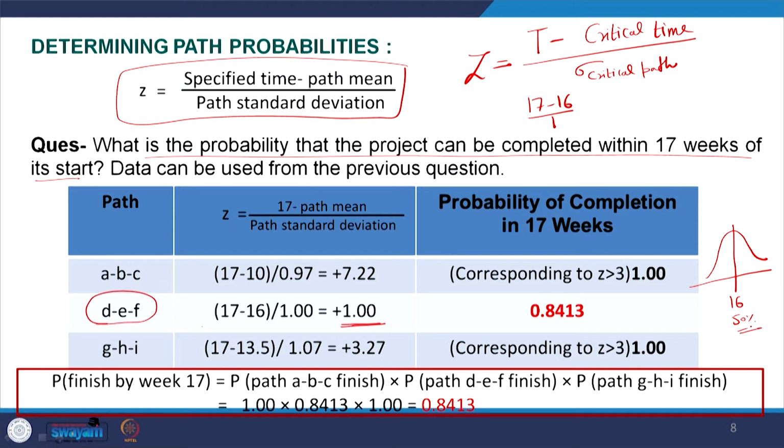Now, 17 gives you the Z value as plus 1. So, plus 1 is 17, and that is Z equals plus 1.